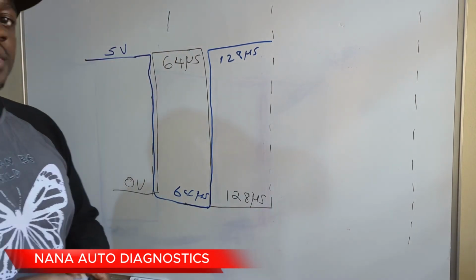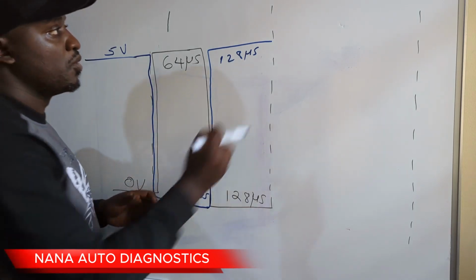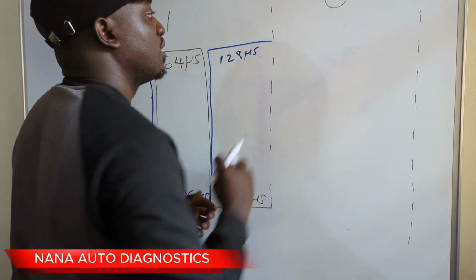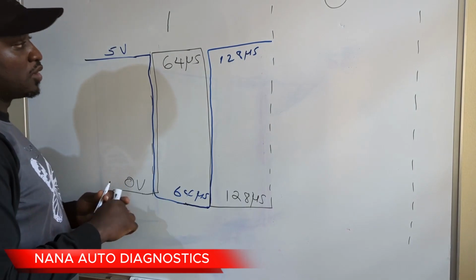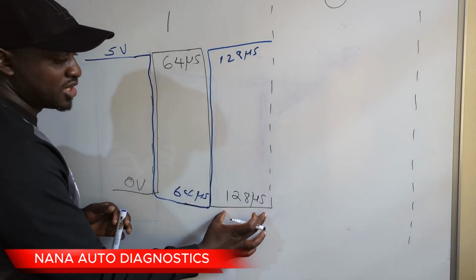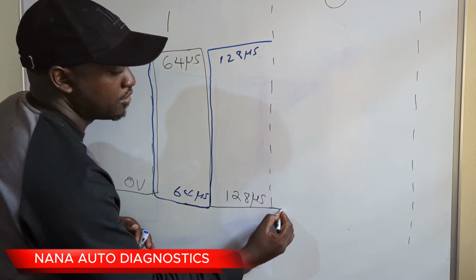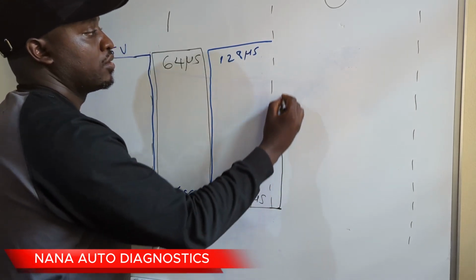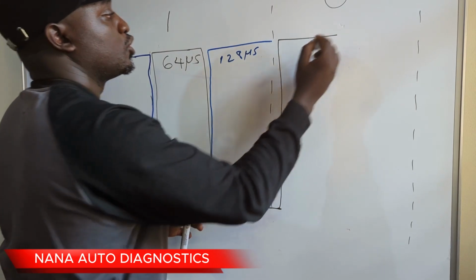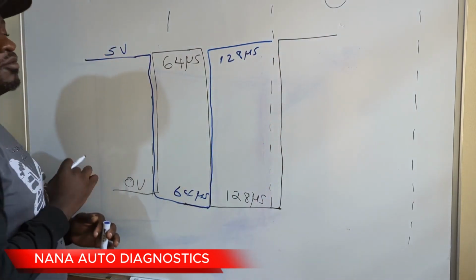Now, whenever we are transmitting a logic 0 on the bus, what happens is, we are going to drive this voltage here from 0 to 5 volts.